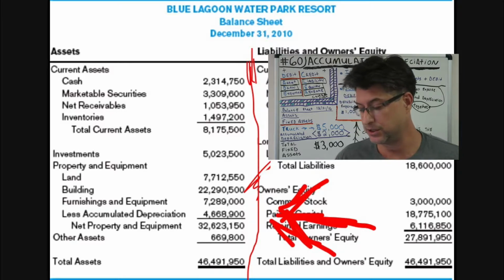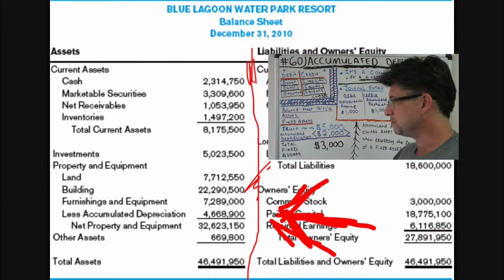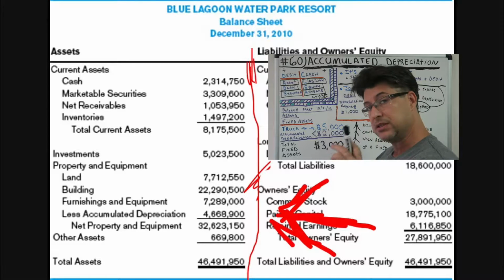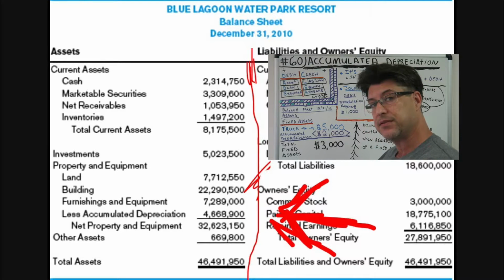Let's get back to this balance sheet. Now you notice in this balance sheet, look at the bottom: assets are $46,491,950,000, and that equals liabilities and equity, which is also $46,491,950,000.